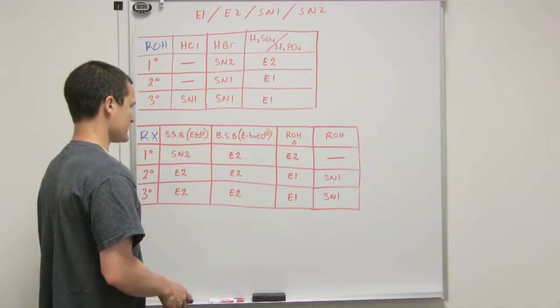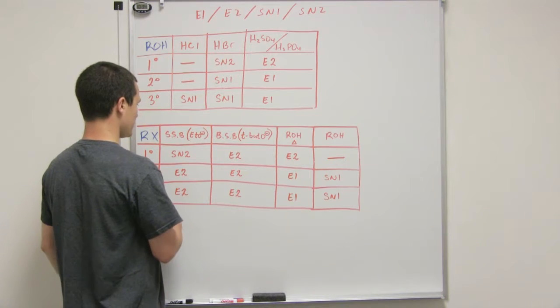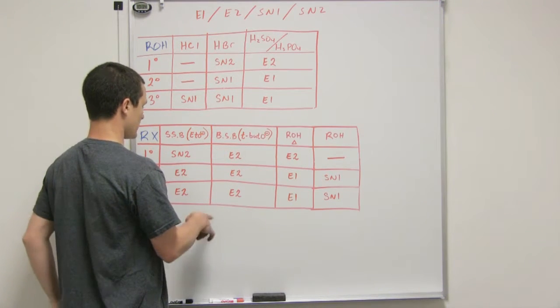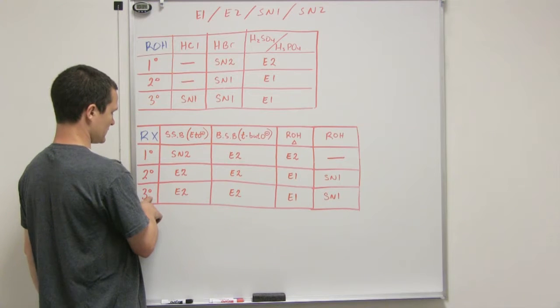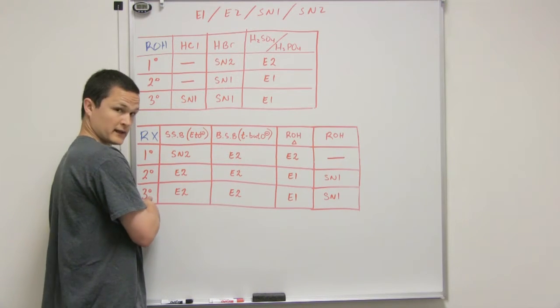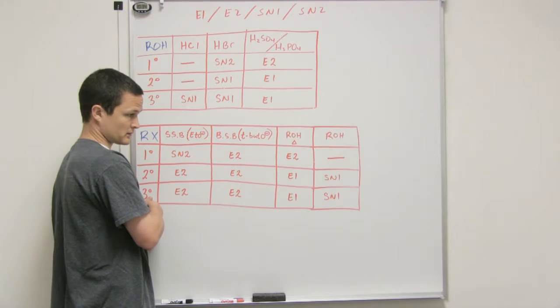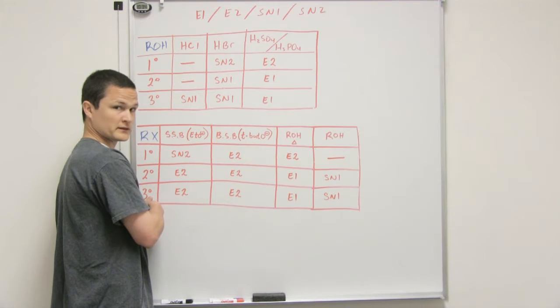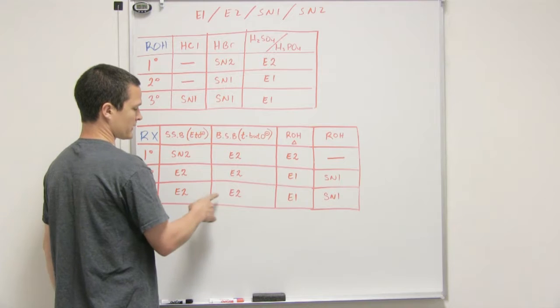And why it is that if you've got a tertiary alkyl halide that can lose its halide relatively easily, why would it go E2?